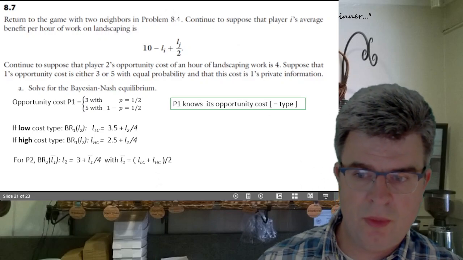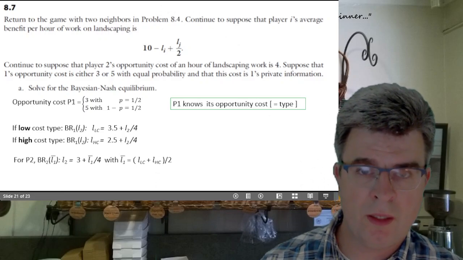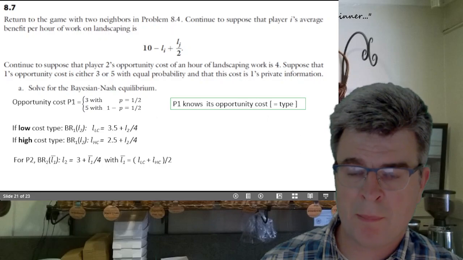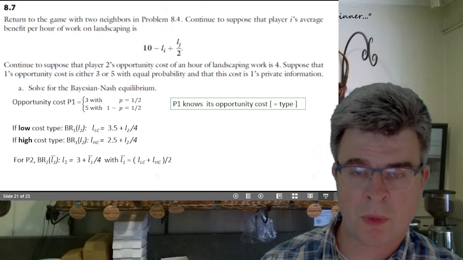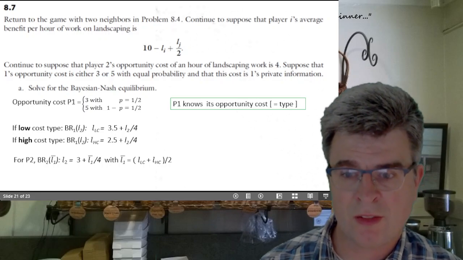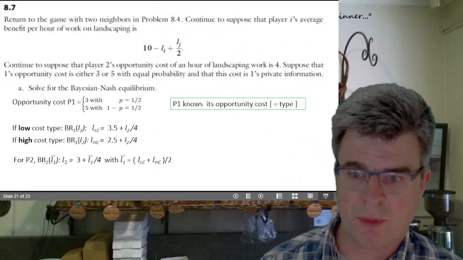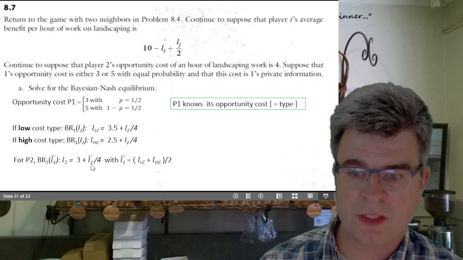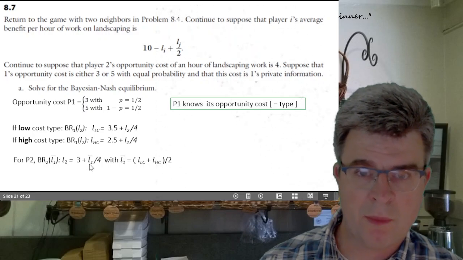So for player 2, he will play against neighbor 1, but not knowing his type, he will choose his best response as if he would play against the average of neighbor 1. So he makes an assessment about what player 1 will do.